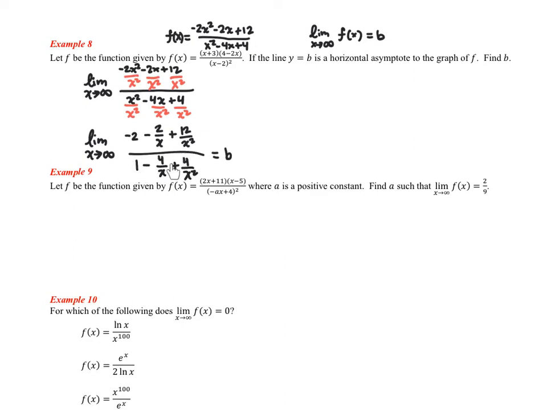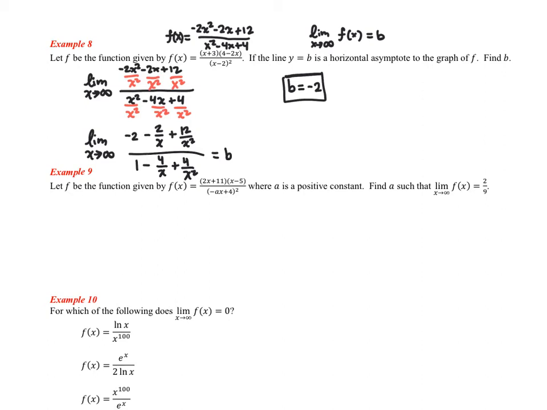Each of these other terms, as we've talked about before, become insignificant as x approaches infinity. The reason is that as x increases in magnitude without bound, all of these terms approach 0. Therefore, b in this case should equal -2.